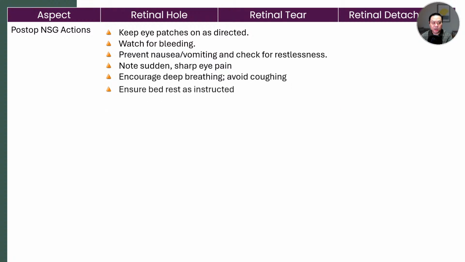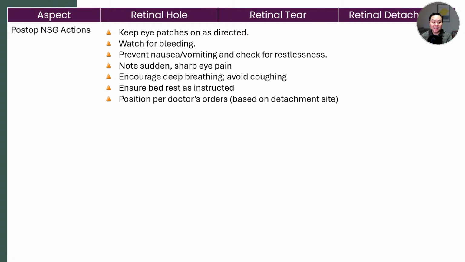We also want to make sure that our patient is doing bed rest as instructed, and we need to position the patient as ordered based on the detachment site. For example, with the gas bubble injection, they're going to be placed in a prone position, right? Or the retinopexy. This will allow the bubbles to push against the detached retina.